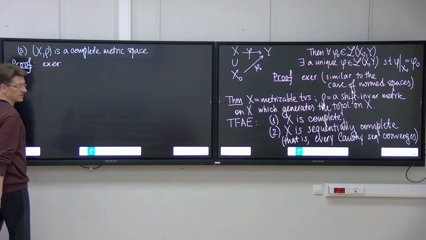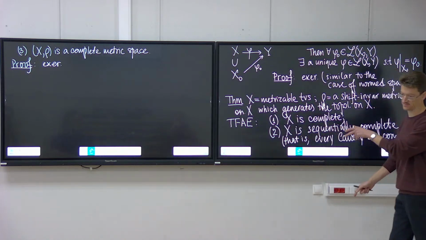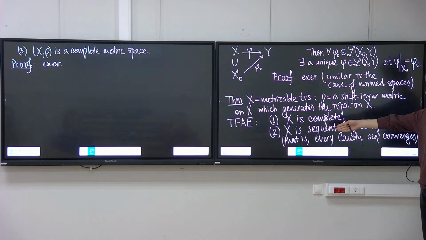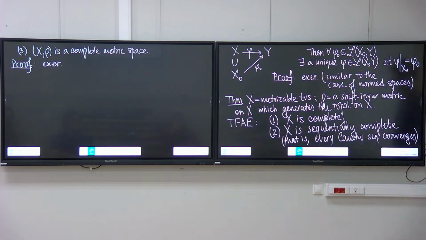In fact, the only point which is not entirely trivial is to show that 2 implies 1. Clearly 1 implies 2, this is obvious. And it's very easy to show that 2 and 3 are equivalent, because rho is shift invariant.